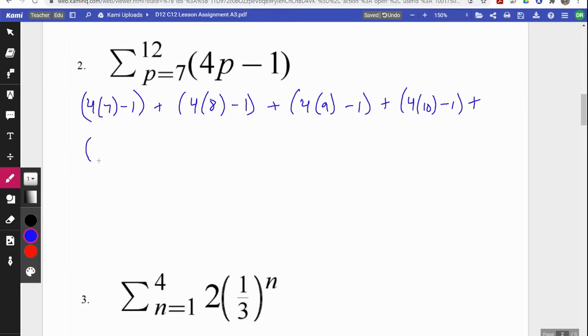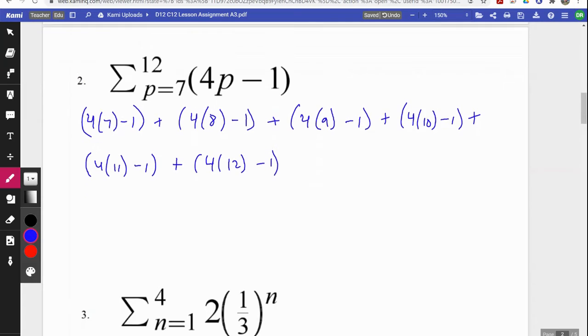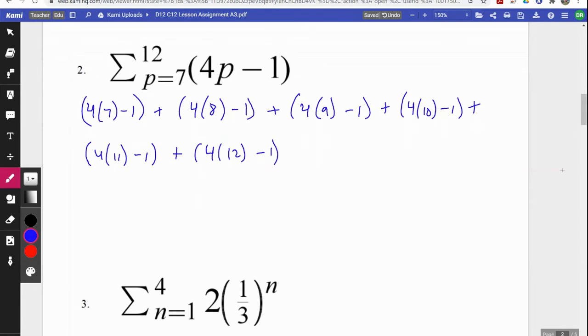I have to go down here, 4 times 11, and 4 times 12. So these are all of the terms, and this is a little tedious because we're writing in expanded notation. We couldn't really speed this process up anyway yet, but we will get a chance to do that soon. So I'm just going to simplify piece by piece and then add them up.